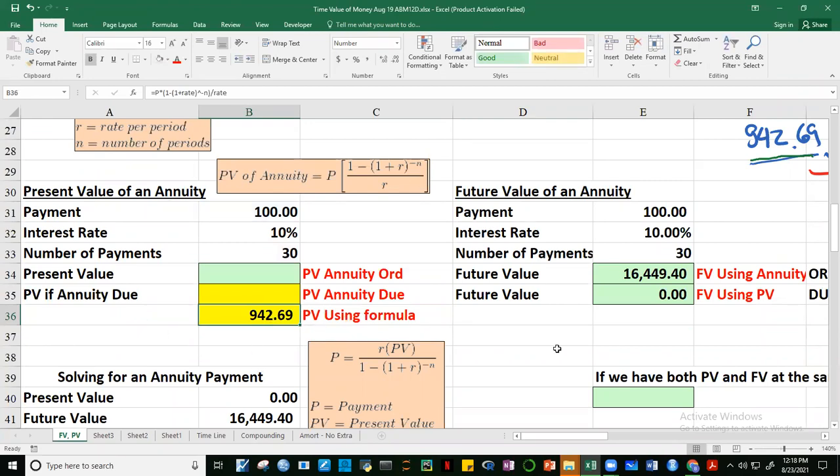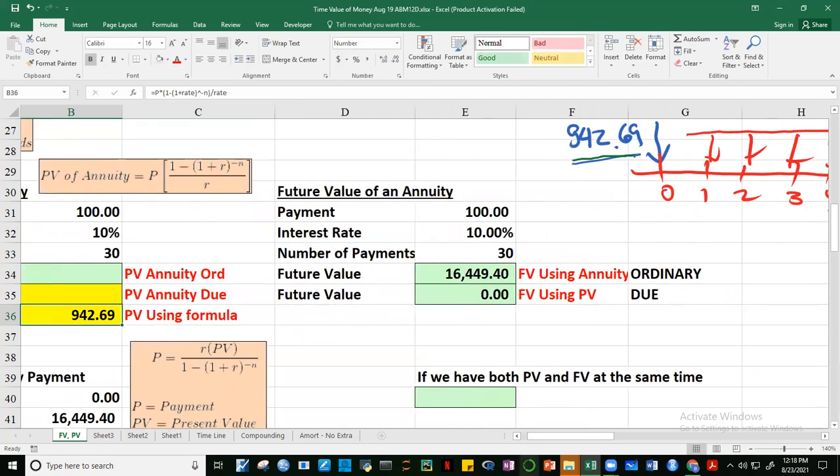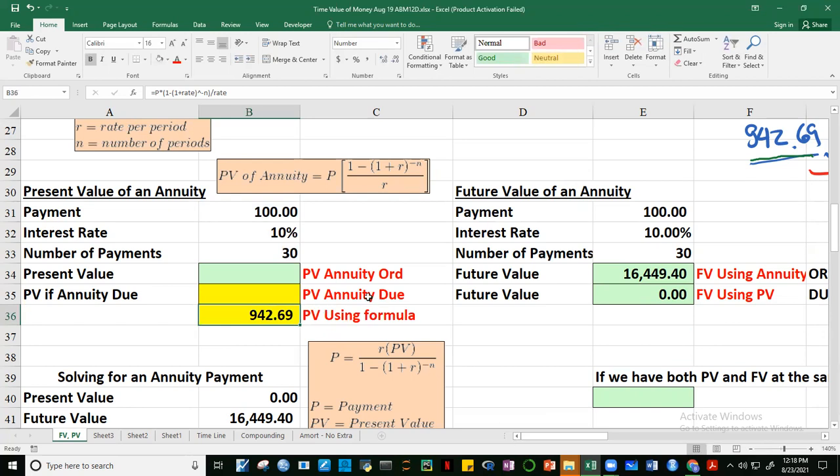942.69, no? Okay, so we got the same answer, 942.69. Okay, so we use the formula for present value. We can use, guys, yung PV function natin. So dito, is equal to negative PV. Again, ba't tayo nagna-negative? Kasi positive yung annuity natin.